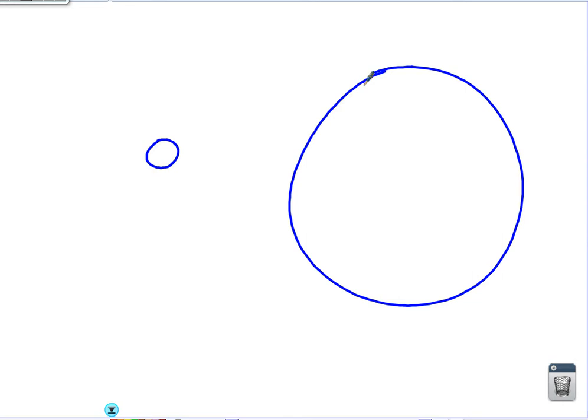Now let's relate angular velocity to linear velocity. Let's say that it takes you 1 second to travel all the way around this circle. So you're traveling 360 degrees per second. Now let's go over here. And let's say that it takes you 1 second to travel all the way around the circle.